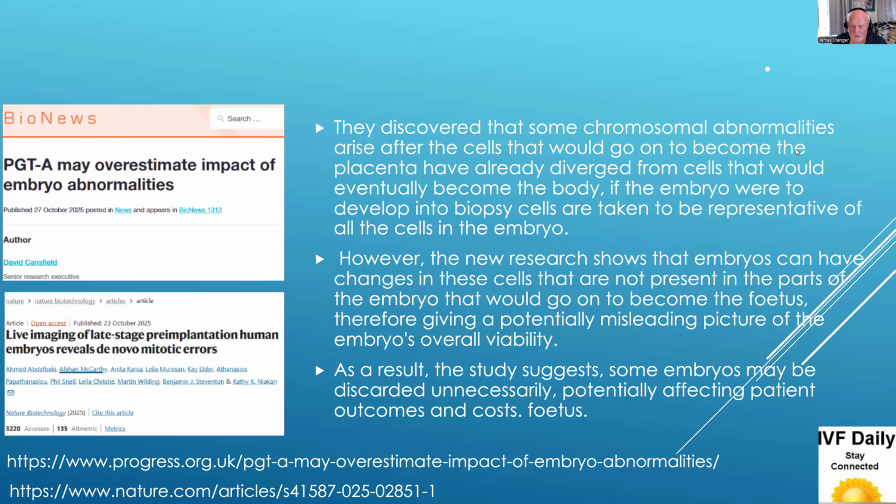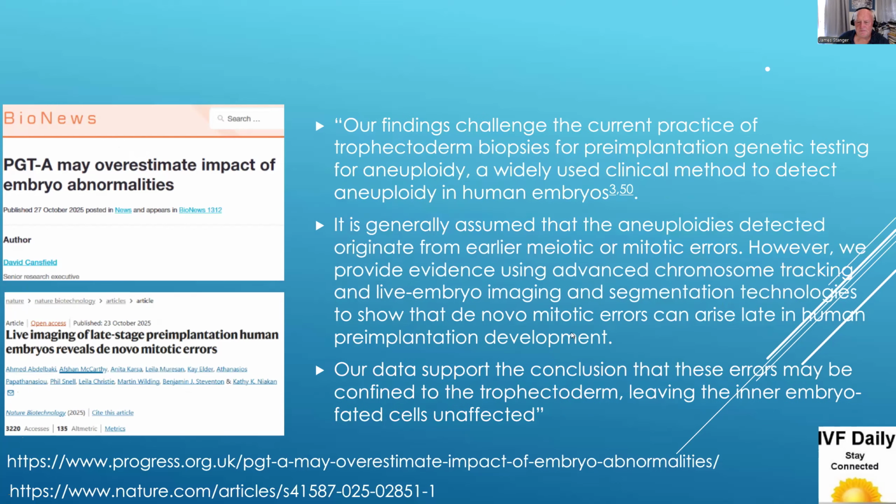As a result, the study suggests that some embryos may be discarded unnecessarily, potentially affecting patient outcomes and costs. Our findings challenge the current practice of trophectoderm biopsy for pre-implantation genetic testing for aneuploidy, a widely used clinical method to detect aneuploidies in human embryos.